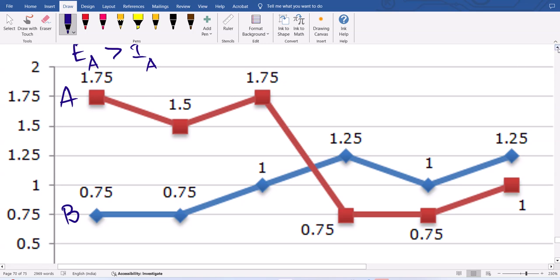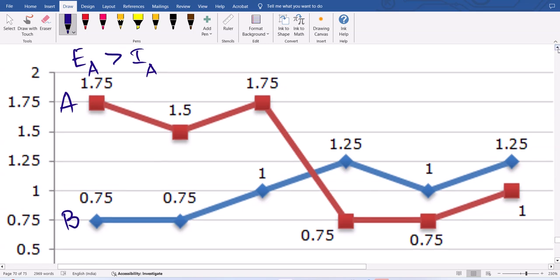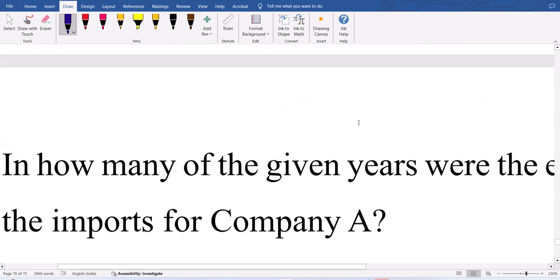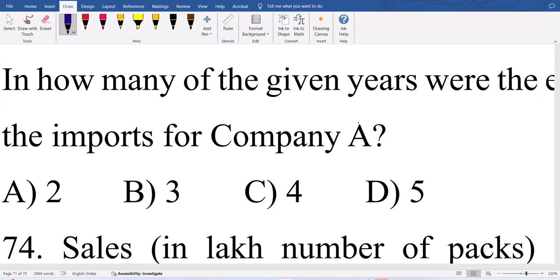Red color is company A. Export more than import means it should be more than 1. In how many years is it more than 1? 1, 2, 3 years only. Blue one is company B. I want only company A. So 3 years it's possible. So we have to go for option B. Right.